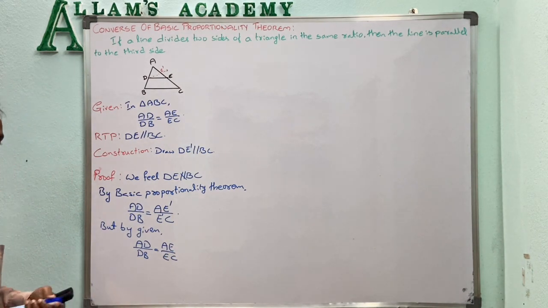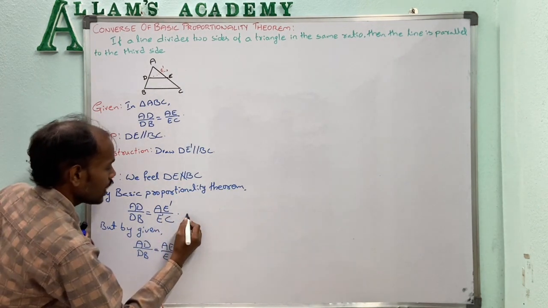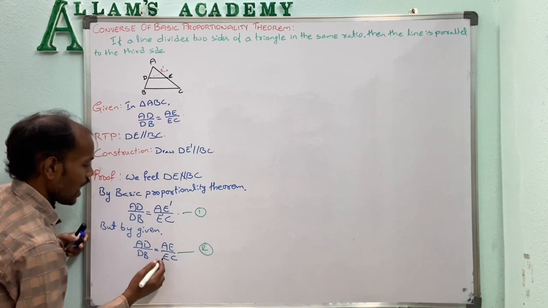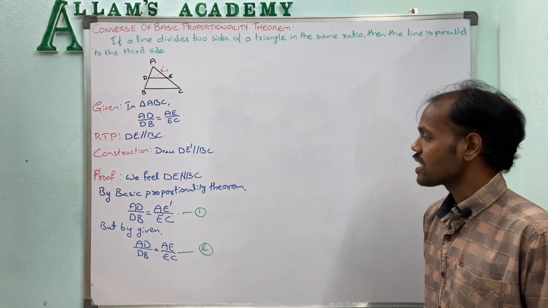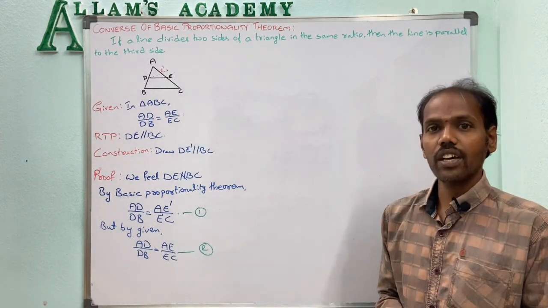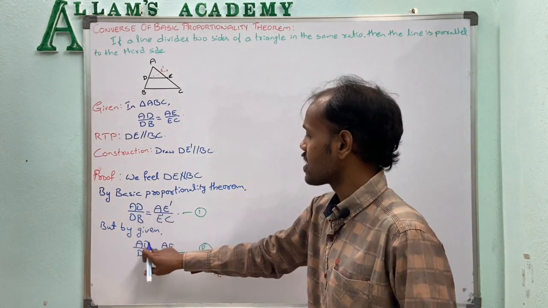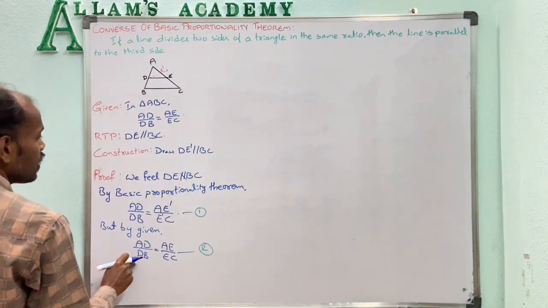So AD by DB equal to AE dash by E dash C, and AD by DB equal to AE by EC. From both equations now we can conclude that RHS is equal. Why? Because LHS is equal.